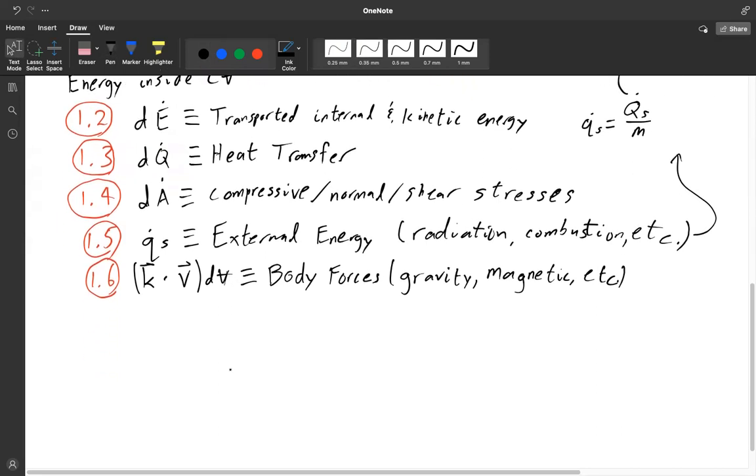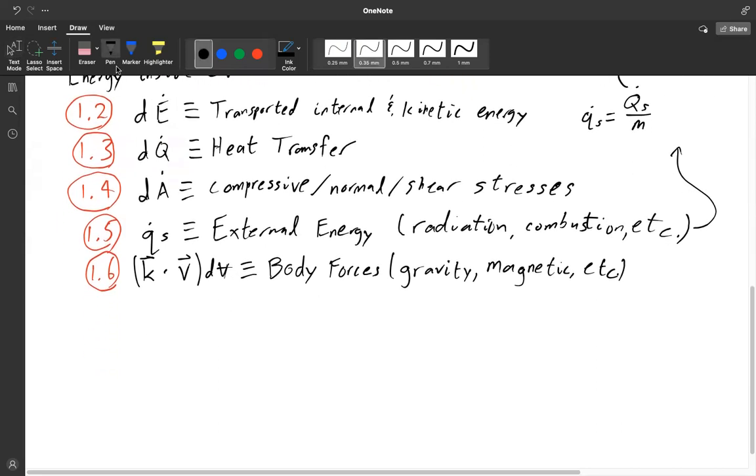So our entire equation will be the following.